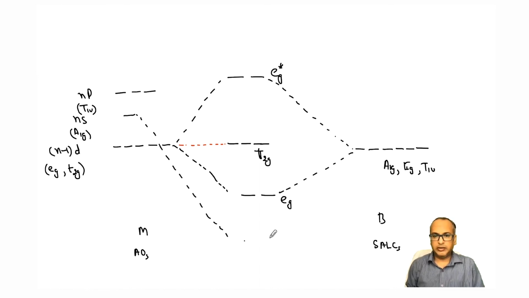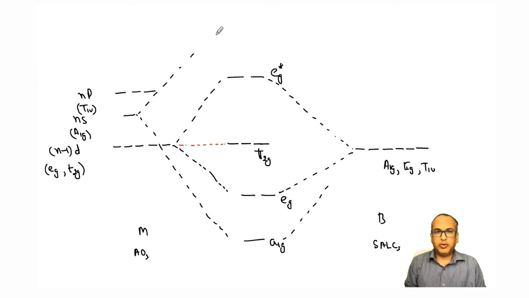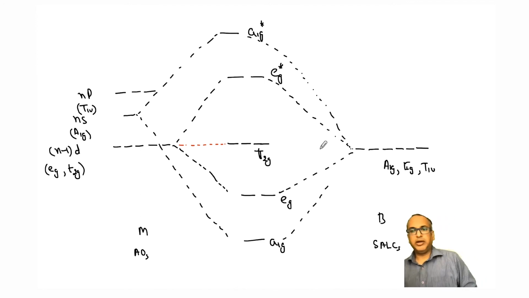So you will get A1G and the second will go over A1G. So again, these energies are not precise and even the relative energies of these will depend on the direction of the ligand approach, the repulsion, the extent of overlap. All those will define whether EG will be more stable or A1G will be more stable and so on and so forth. Okay. And this will be T1U.